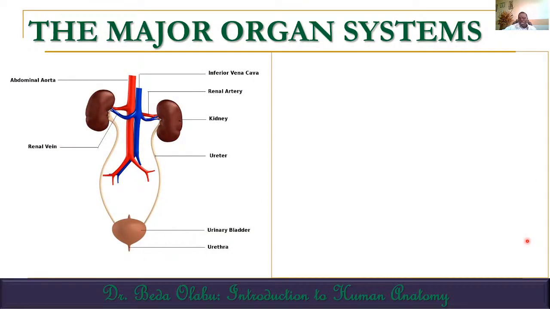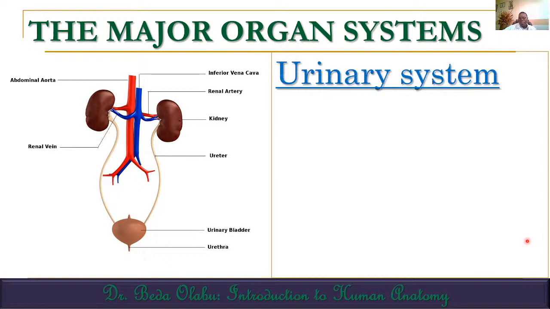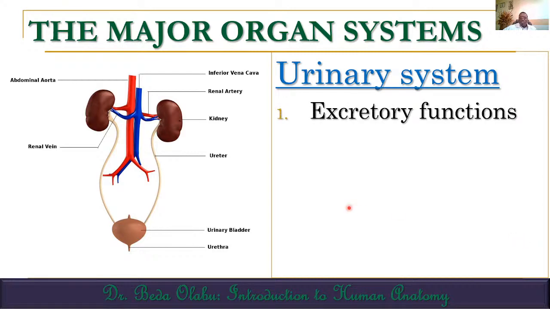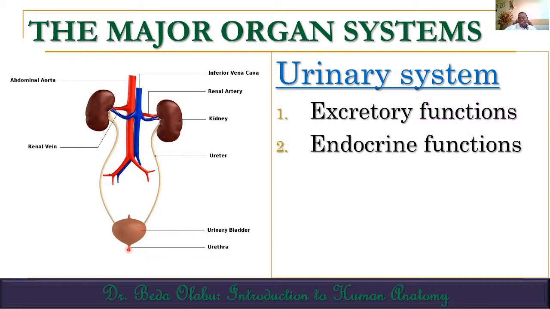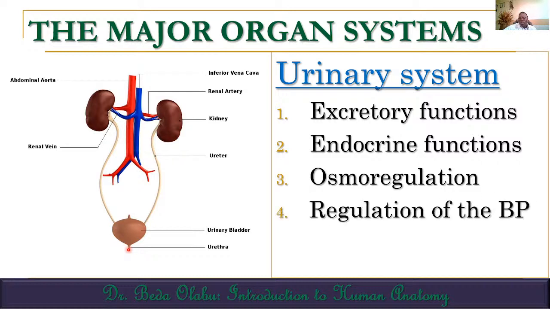I believe we've mentioned 10 of them now, so this should be the 11th system. Urinary system, the one made up of the kidneys, ureters, urinary bladder, and urethra, basically. The urinary system is largely for excretion of waste substances, but apart from that, it also has some endocrine functions. It is important in regulating the osmolarity. We call that osmoregulation.